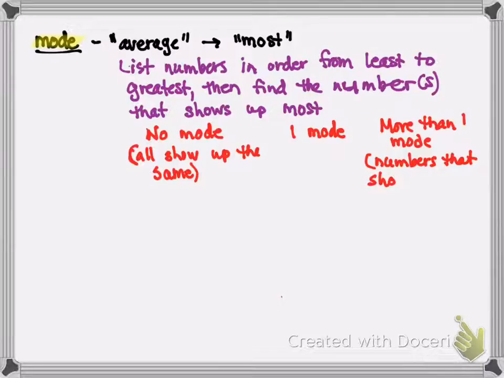So numbers that show up more than the others, but the same number of times as each other.